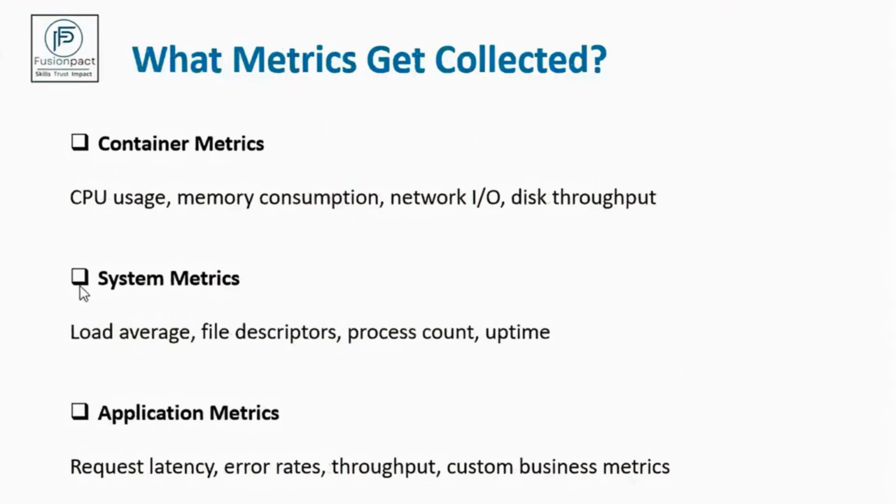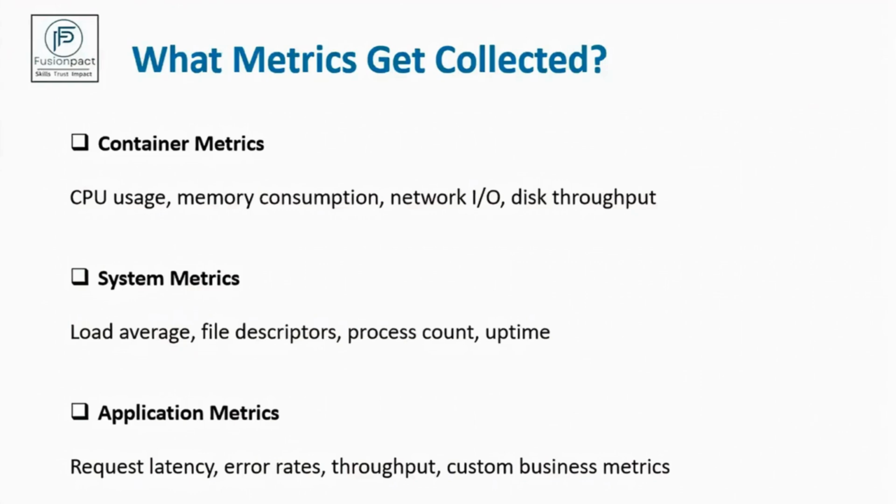The different metrics collected in the monitoring system include, from Node Exporter, CPU usage, memory consumption, network input and output, and disk throughput. Also, system metrics such as how much load is on the CPU, various log files it can read, the different processes running on the server at a time, and how much time the server is up or not.